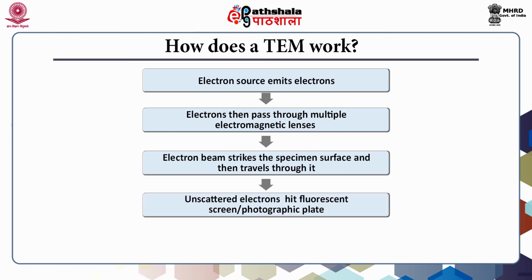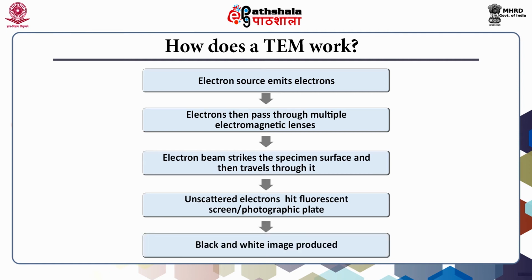Unscattered electrons at the bottom of the microscope hit a fluorescent screen or a photographic plate, giving rise to an image of the specimen which provides information on various parameters of the sample such as the structure, texture, shape and size. A high resolution black and white image is produced.